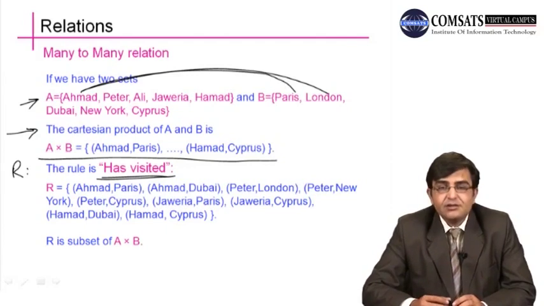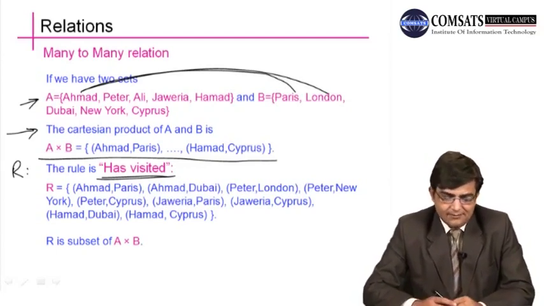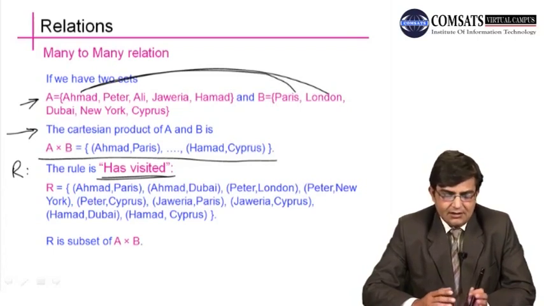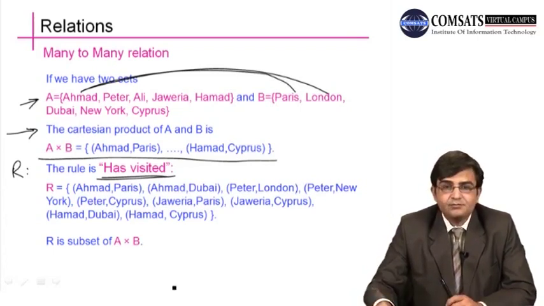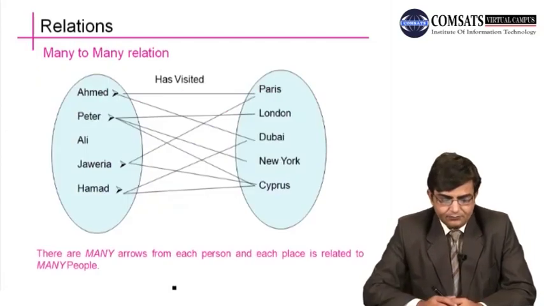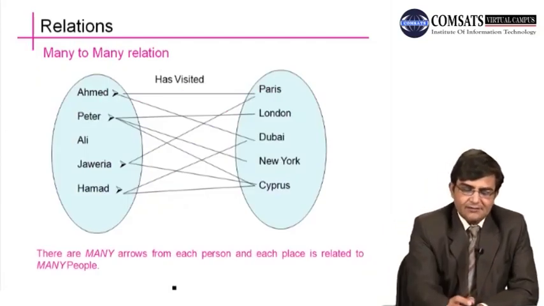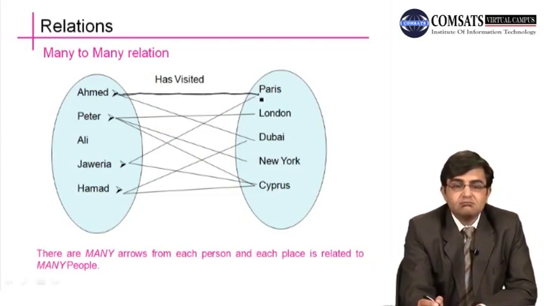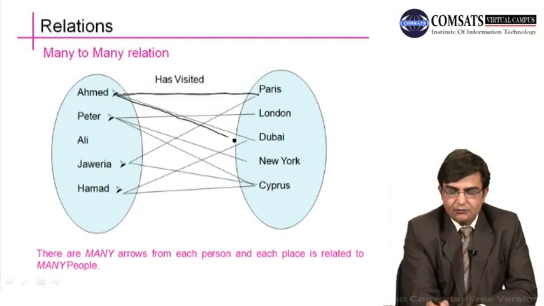So in this relation you can see that one person has visited many places and many persons have visited one place. This relation is basically a many-to-many relation. You can see in the figure here, Ahmed has visited Paris, so we relate them. Ahmed has visited Dubai, so we relate them here.